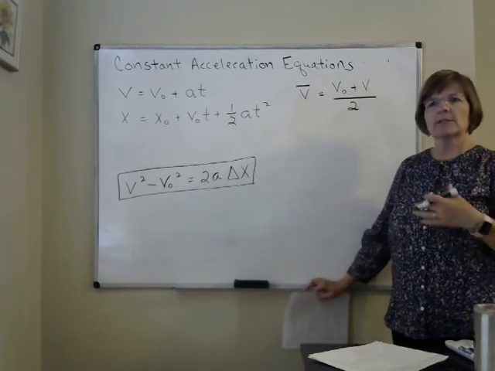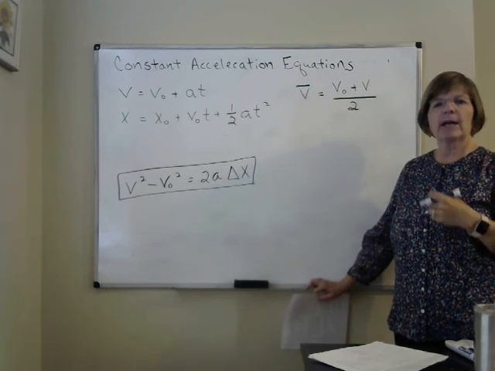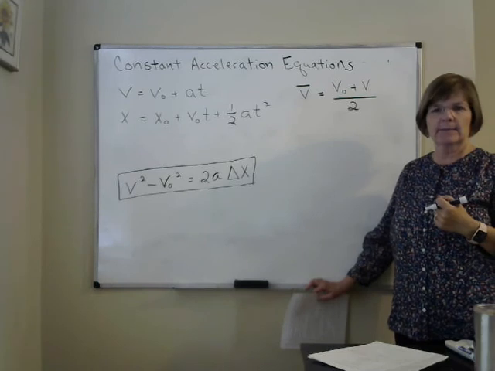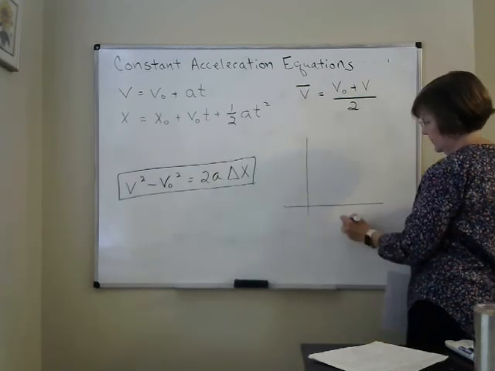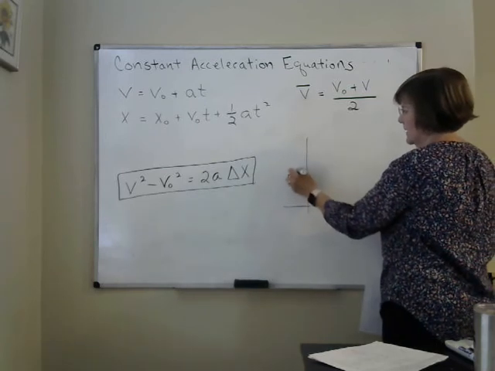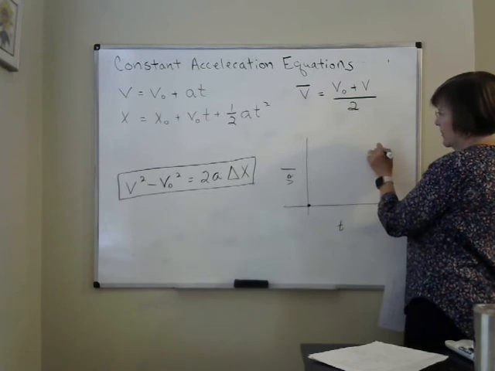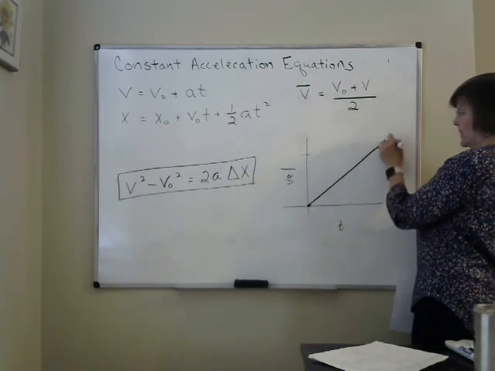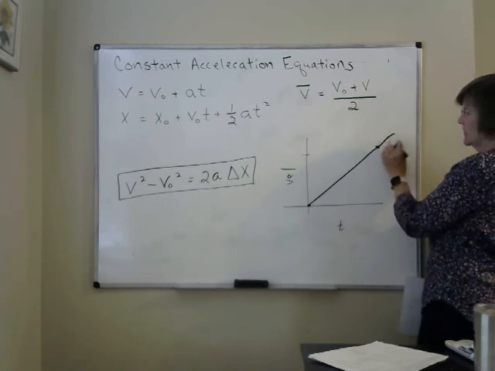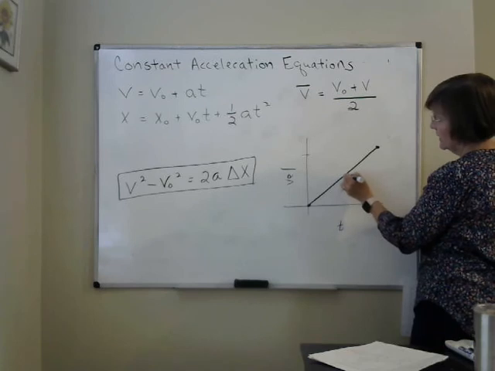If you have a constant acceleration and you start off going 0 meters per second and you end up going 100 meters per second, picture it on a graph. Here's time, here's velocity. If I start off going 0 and I end up going 100 with a constant acceleration, my average is right in the middle.